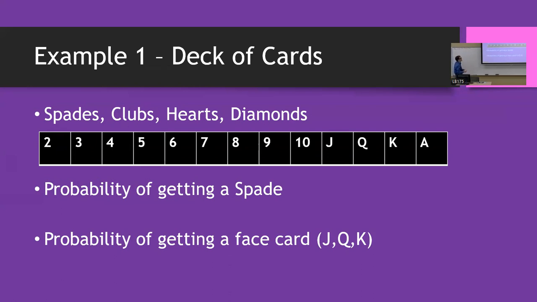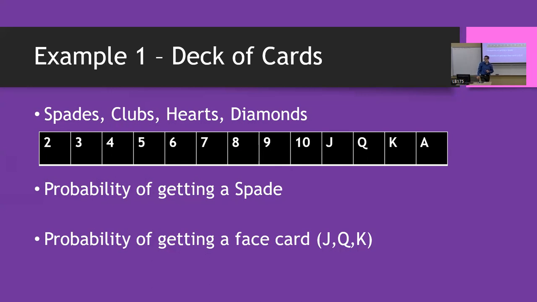Now, a standard deck of cards has 4 different suits: spades, clubs, hearts, and diamonds. And in each of those suits, the numbers that appear on the cards are 2, 3, 4, 5, 6, 7, 8, 9, and 10.